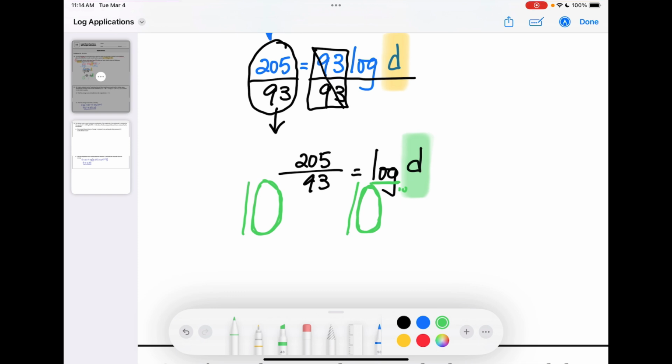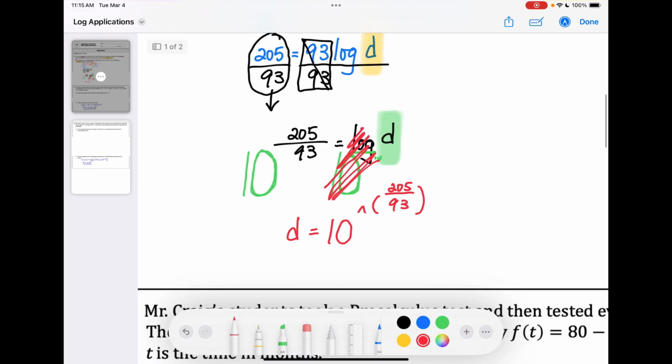The base 10 and the log base 10 cancel out. So what do you see now? D is equal to base 10 raised to a big power, 205 over 93.